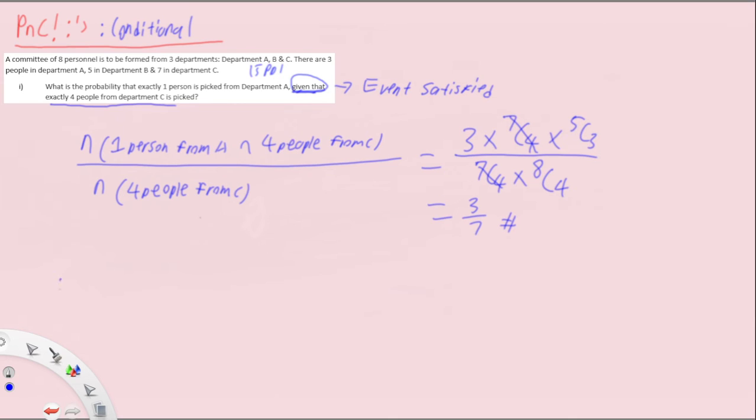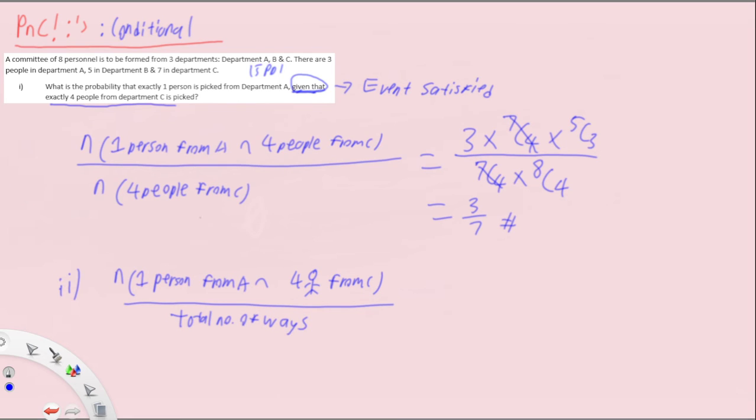Now, let me compare it with the case where the condition is not satisfied, or rather we don't know whether it is true or not. In that case, we're going to find one person from A intersecting 4 people from C, over the total number of ways, because now there's no more condition that's satisfied. We just want to compare it to the whole world instead of relative to the condition.